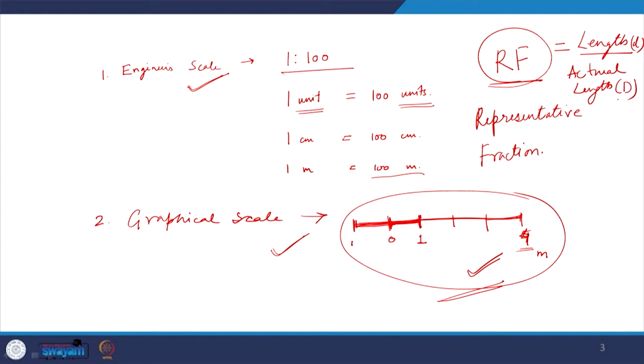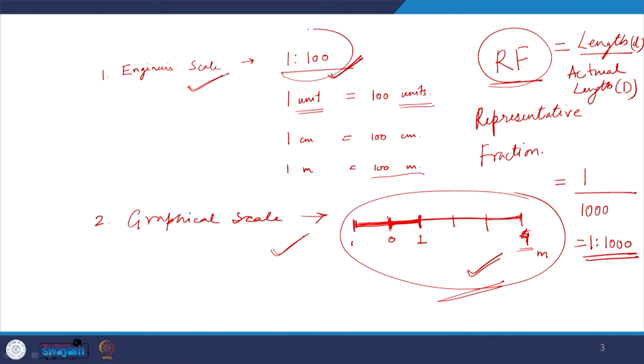of the object. So, if I say that the length of the drawing is 1 centimeter and the actual length of the object is say 10 meters, so that is 1000 centimeters, same units we have to keep. So, the representative fraction is 1:1000, which is how we represent this scale.